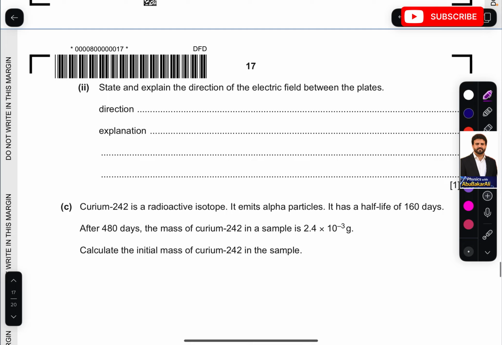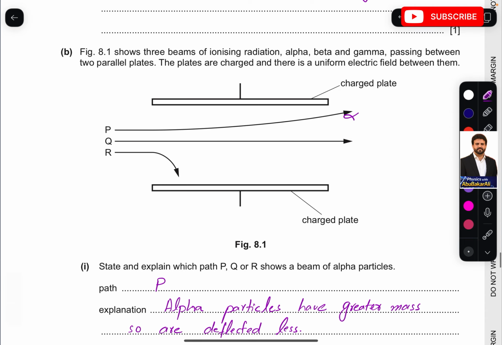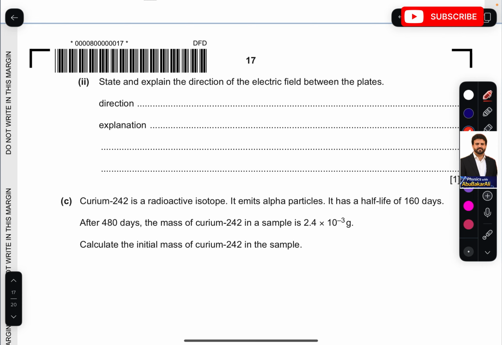State and explain the direction of the electric field between the plates. Okay, so alpha is going there. Alpha moves towards the negative. So this should be negative, this should be positive. So what will be the electric field lines? They go from positive to negative. So electric field lines are upward. So how can we explain this?